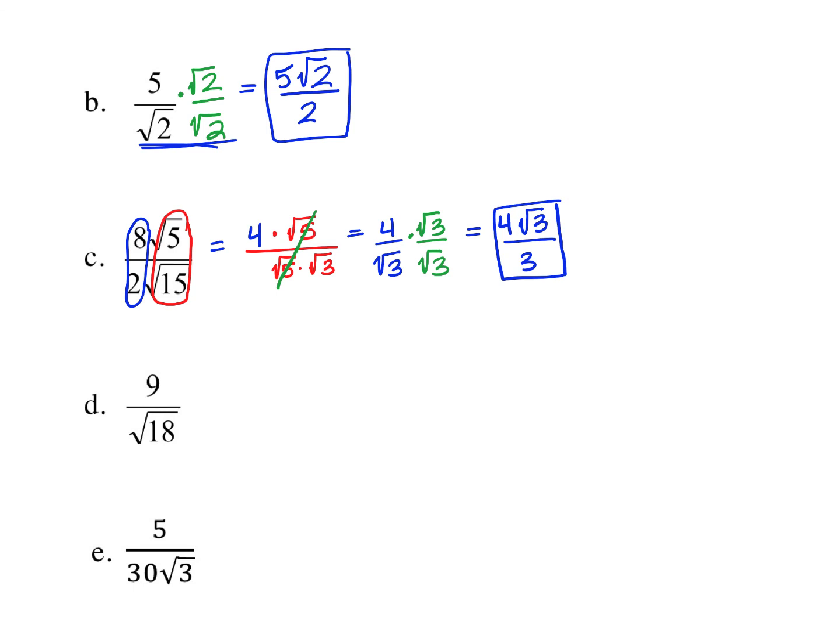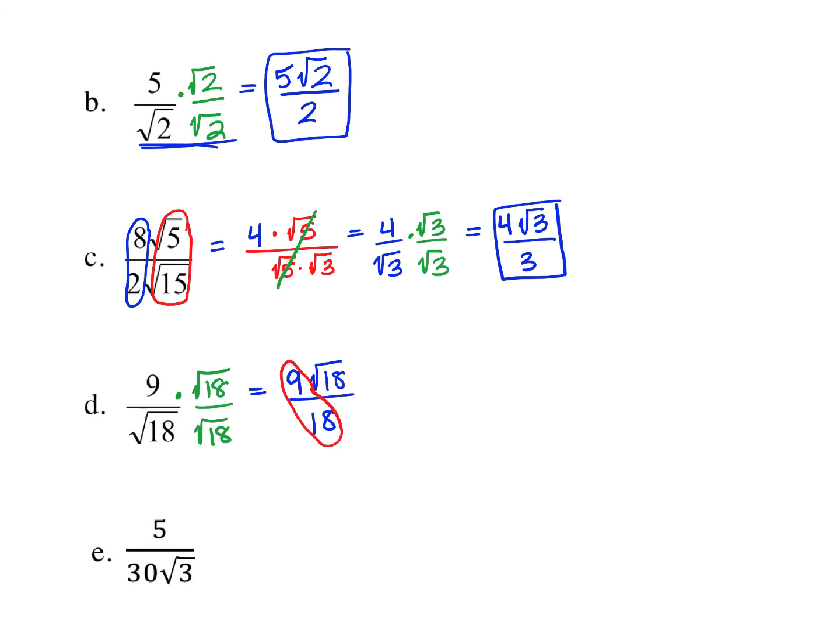For letter D, it may look like we can simplify that as is, but we can't because there's no radical over the 9. So we can't divide those out. So we're just going to multiply by root 18 over root 18. On top, that'll give you 9 root 18. And then on bottom, it'll just give you 18. Okay? But now we have numbers that'll simplify. So we have 9 and 18.